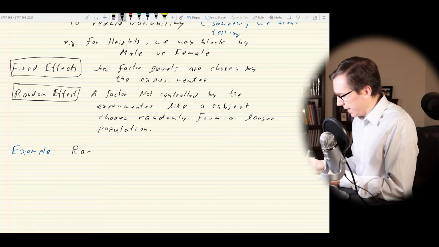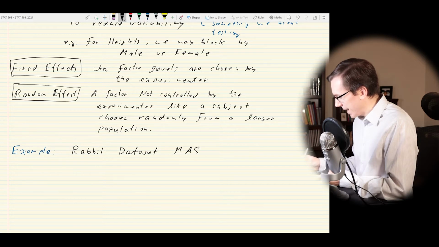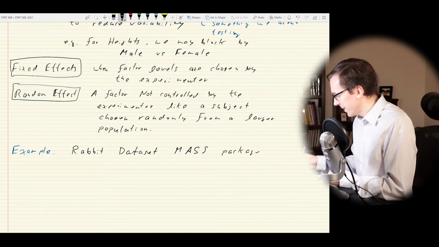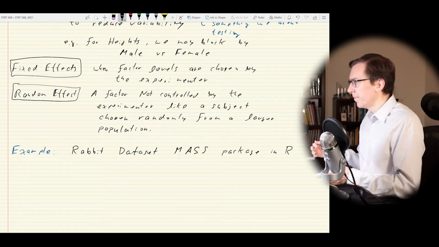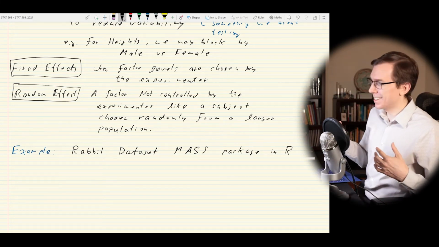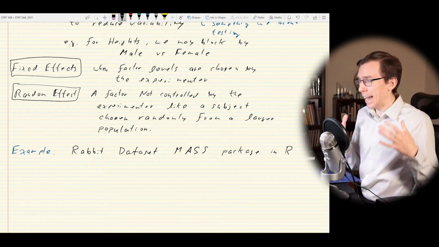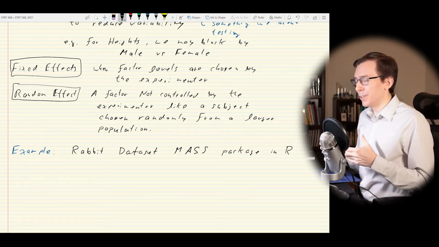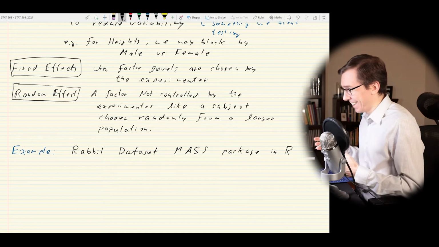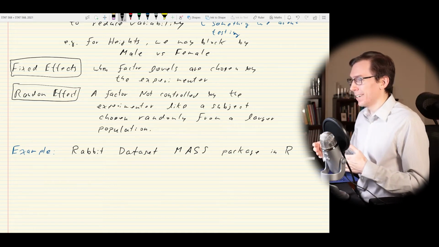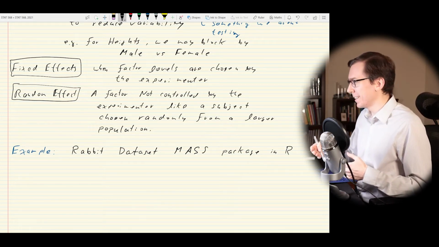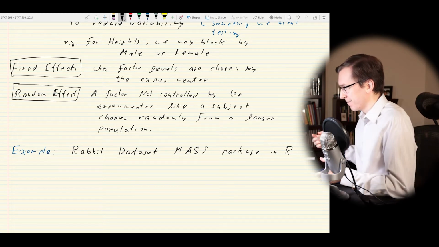The example is the rabbit data set from the MASS library, package in R. What they're doing is taking 5 rabbits and giving them different dosages of blood pressure medication, and then recording the response, being the blood pressure in this case.